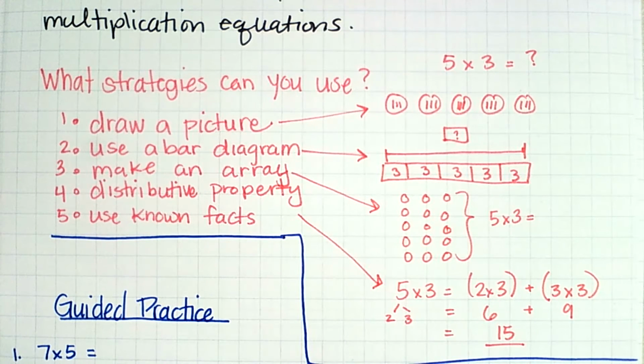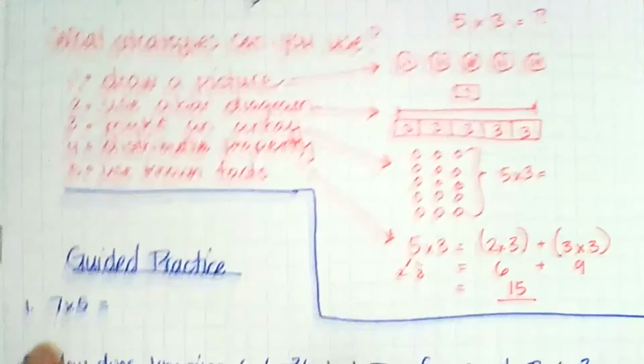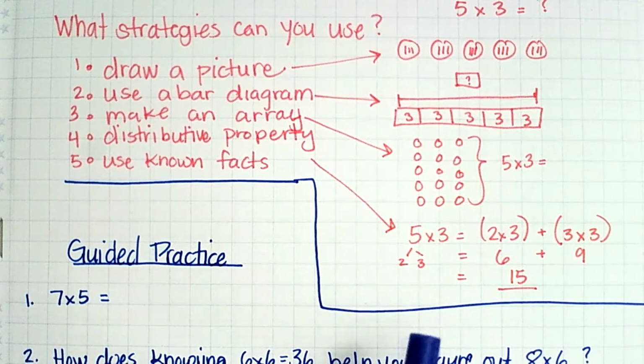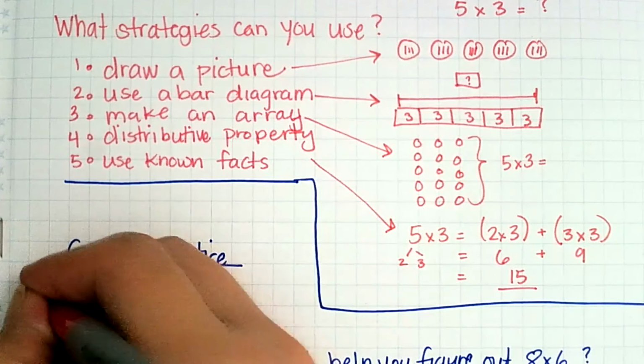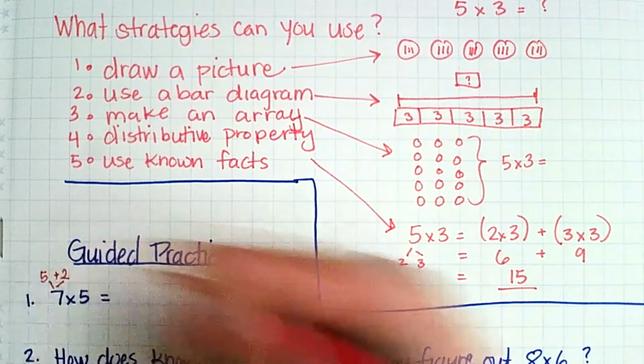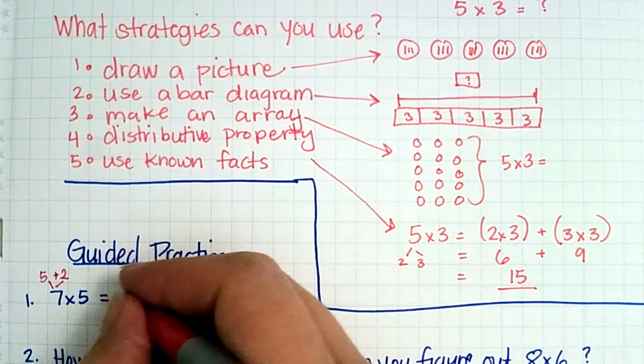Now for our guided practice, number 1 asks, what known facts can you use to find the product of 7 times 5? I can break that array apart. I can break the 7 apart into 5 and 2, right? 5 plus 2 will give me 7.